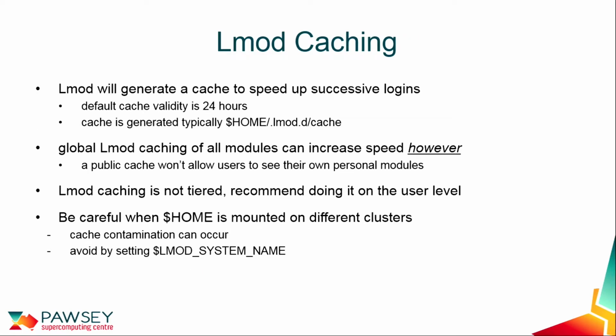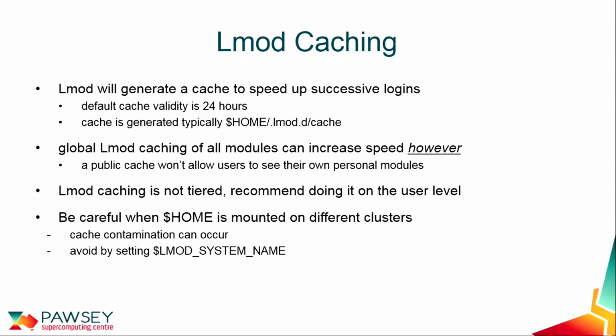As I said before, Lmod is more computationally expensive in terms of loading modules than the traditional module system. So what Lmod has done is enabled a caching mechanism. If you do a module load or something and it takes forever, it will create a cache, usually in the user's home area, to speed up successive operations.